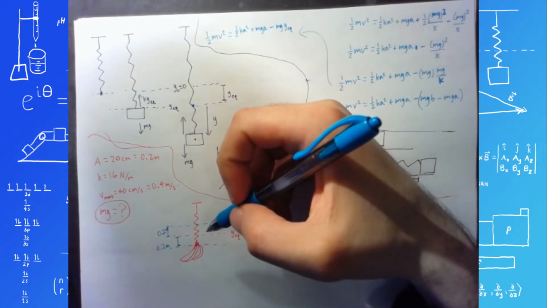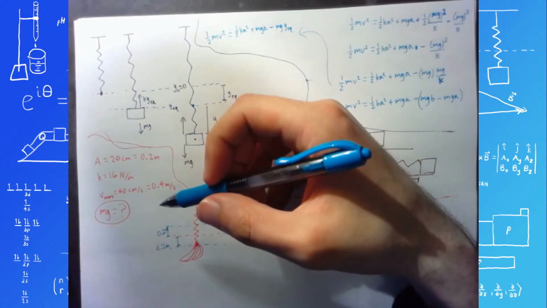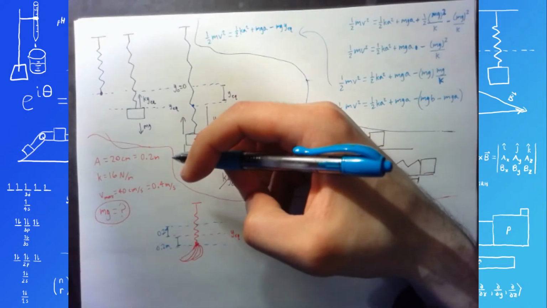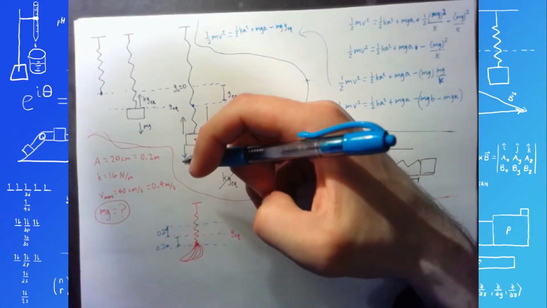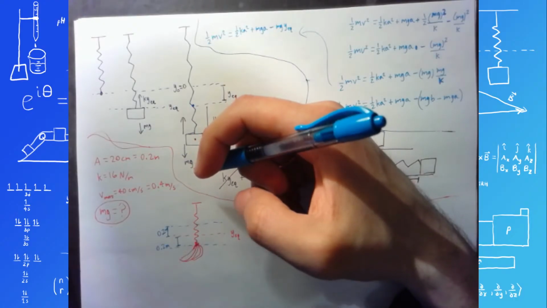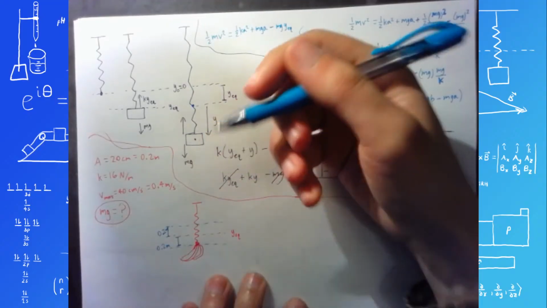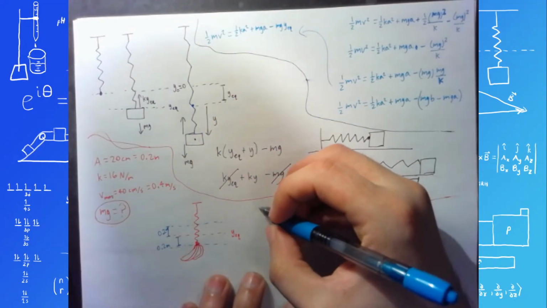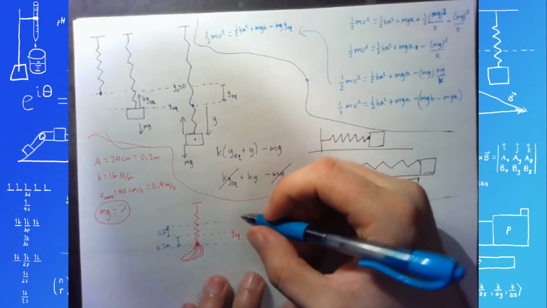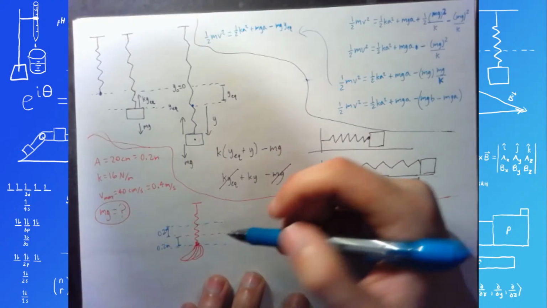So we need to find mg, and for that we need to figure out what? I guess we just need to find m. Okay, no need to overthink it. So we don't have to worry about the gravitational potential energy here.